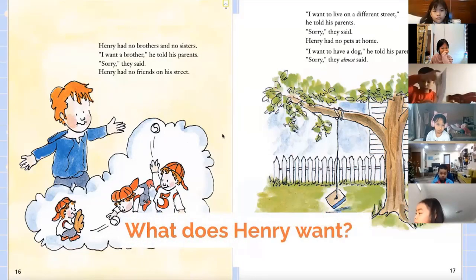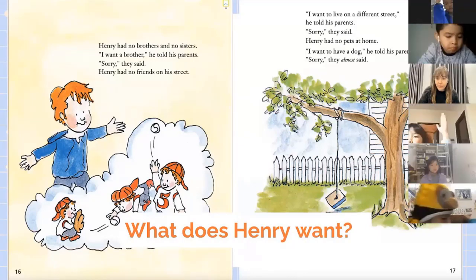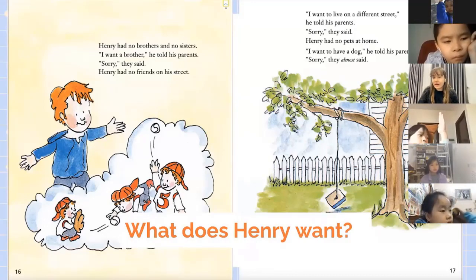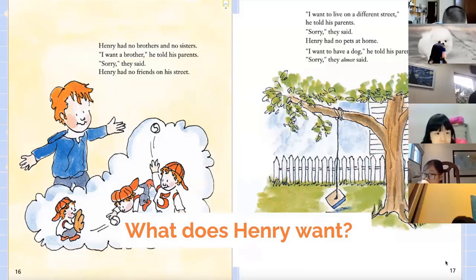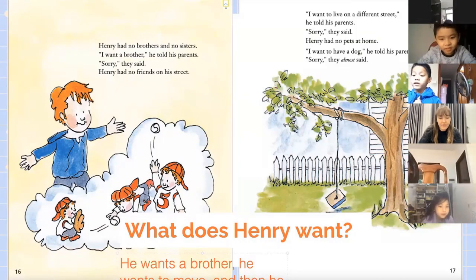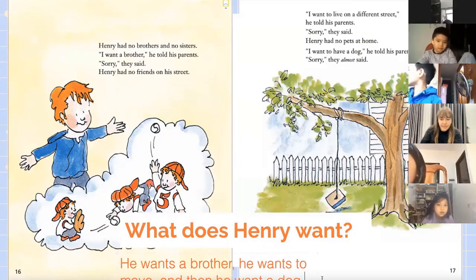So what does Henry, I'm sorry, I'm calling him Harry now. What does Henry want? What does Henry want that he doesn't have here? What does he say that he wants? What do we think? I see Philip's hand up. I see Ruby's hand up. Does anyone else know what Henry wants? So he first wants a brother. His parents say sorry.